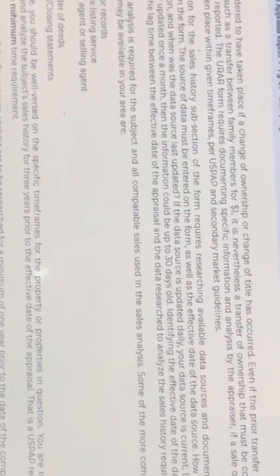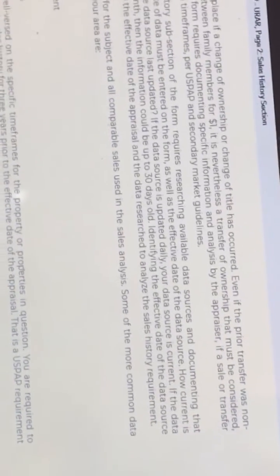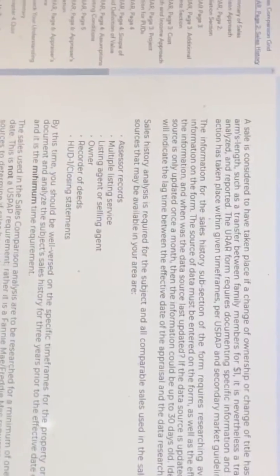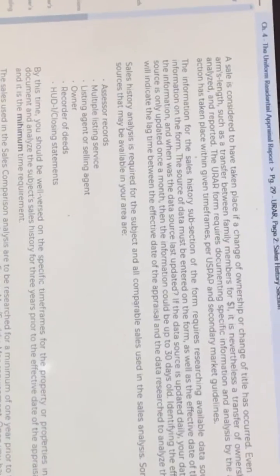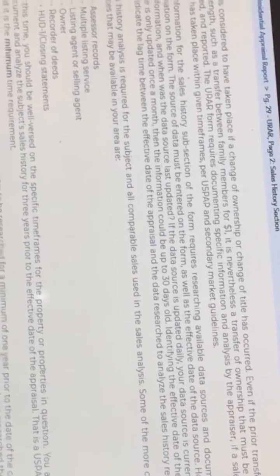The URAR form requires documenting specific information and analysis by the appraiser if a sale or transfer action has taken place within given timeframes per USPAP and secondary market guidelines.